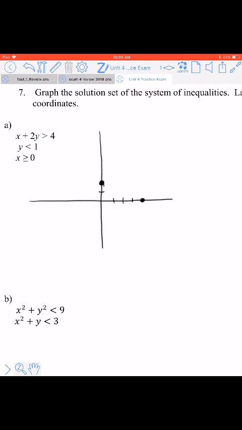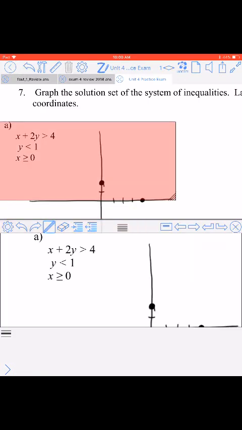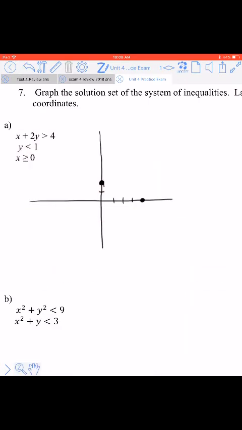And since it's just greater than, not greater than or equal to, it's going to be a dotted line. Let's try that again. And now we need to figure out where to shade.